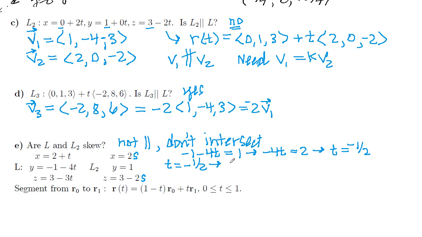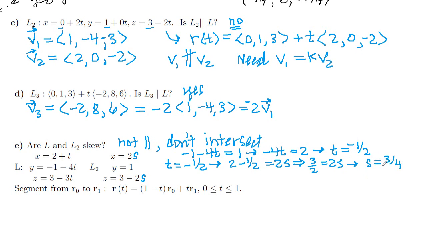That gives us an x coordinate of 2 minus 1/2 has to equal 2s. So this is 4 halves minus 1/2, 3 halves. So 3 halves equals 2s, and divide both sides by 2, so then s is going to equal 3/4.